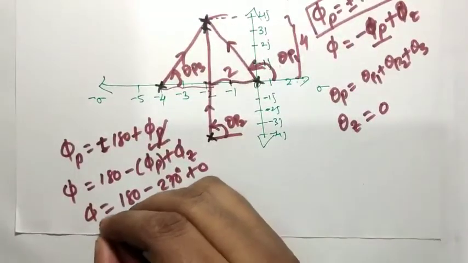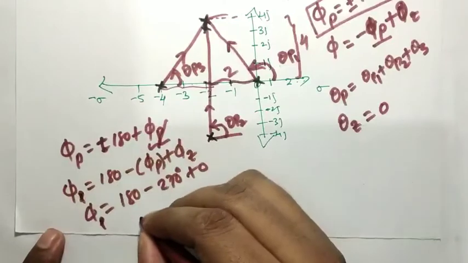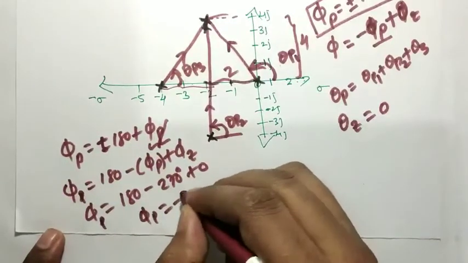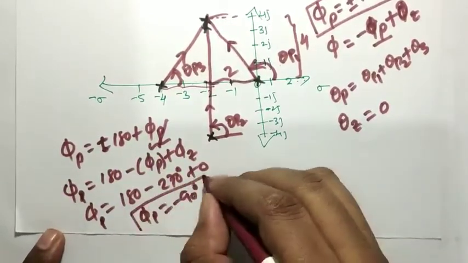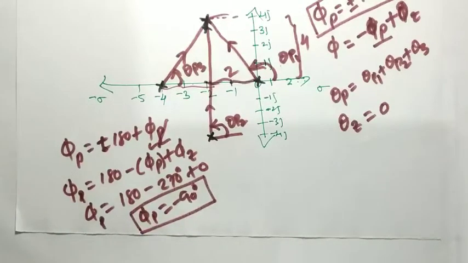So your angle of departure is minus 90 degrees.